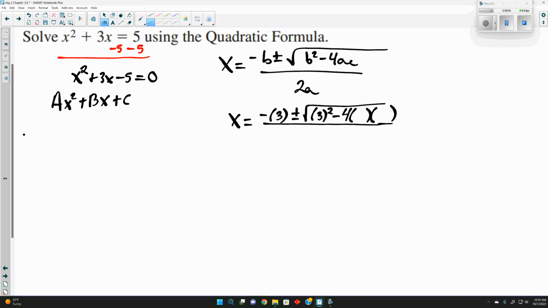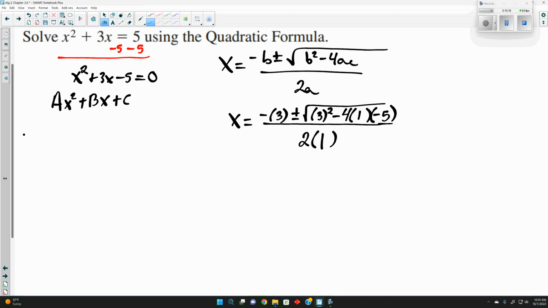Well, what's the value of a? The 1 in front of x squared. Now we need c, and the value for c is negative 5, all over 2 times a, and a is 1. Questions on this so far?